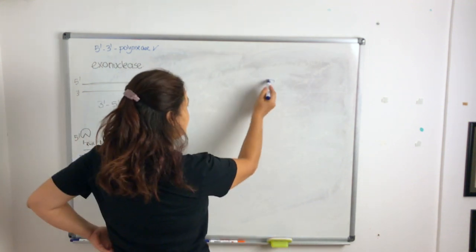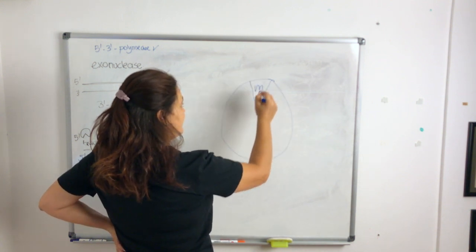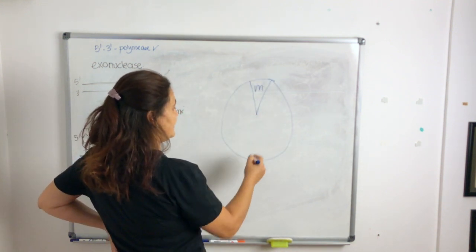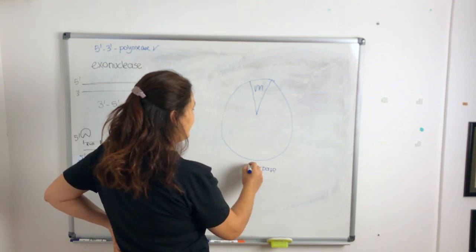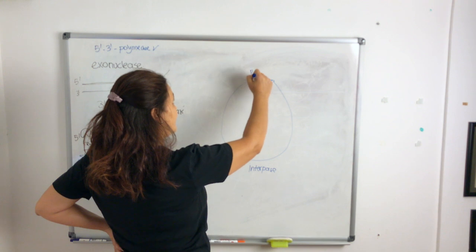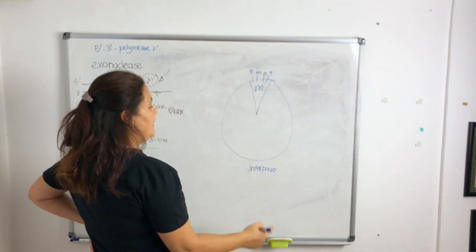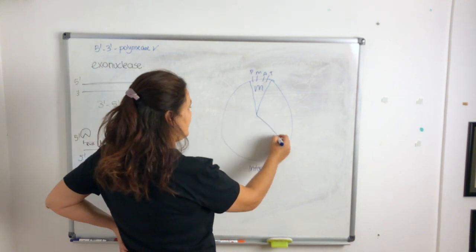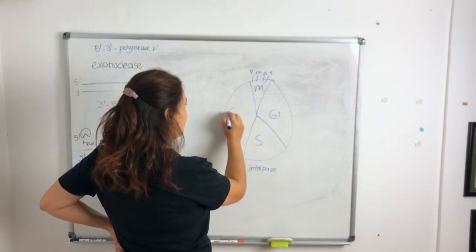Now the cell cycle is something like this. Mitosis takes place in here, and all the remaining is interphase. In mitosis we have prophase, metaphase, anaphase and telophase. The interphase is divided into G1, S and G2.